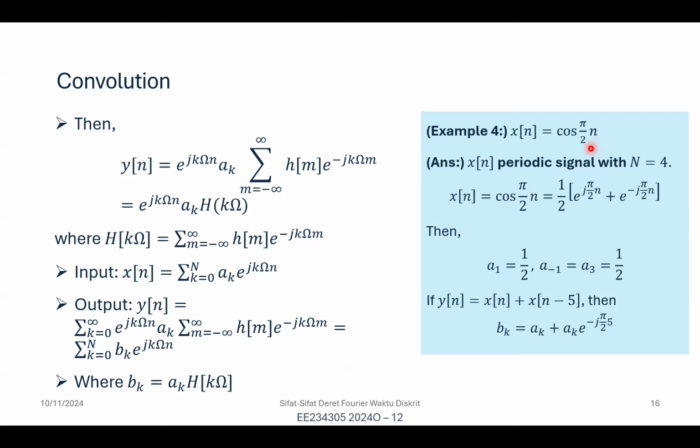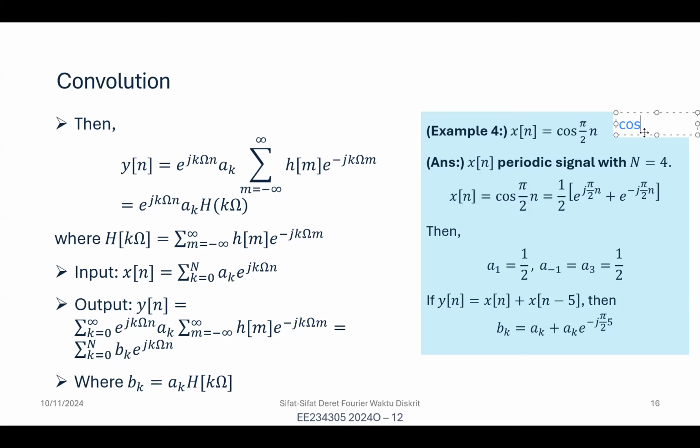Because cos of pi over 2 is 90 degrees, then we have cos of 2 pi over 2, cos of 3 pi over 2, and cos of 4 pi over 2, which is the same as cos 0.